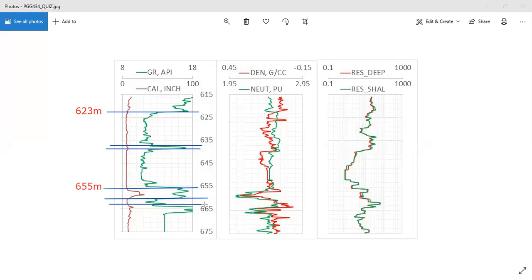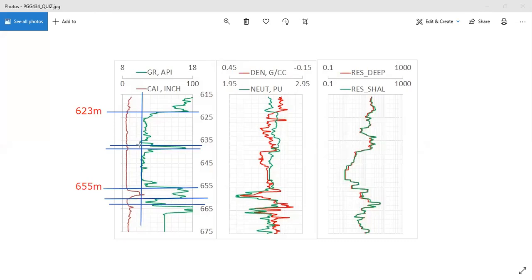But I've omitted a step, so let me use this opportunity to do that. One of the things I asked for, you are going to do the gamma ray sand, isn't it? Yes, sir. So this is the gamma ray sand.